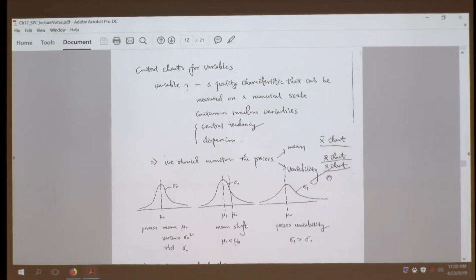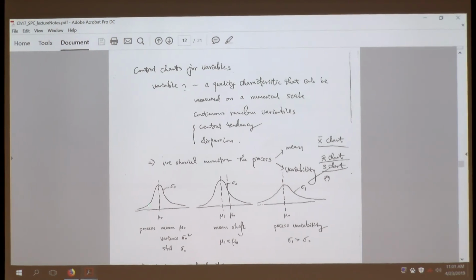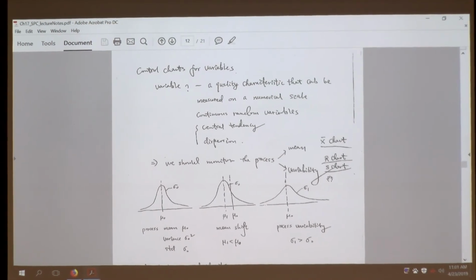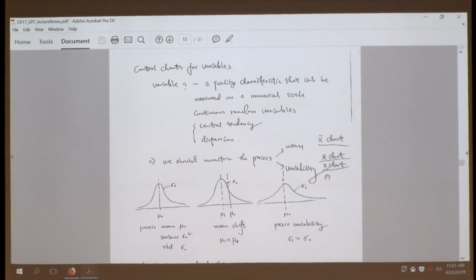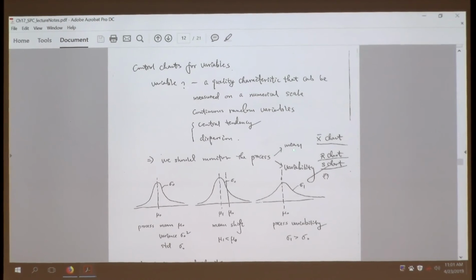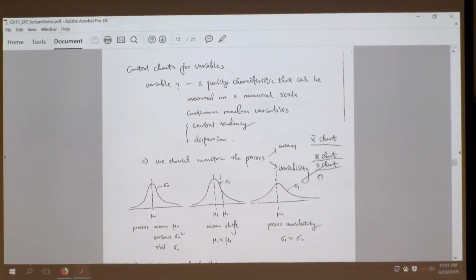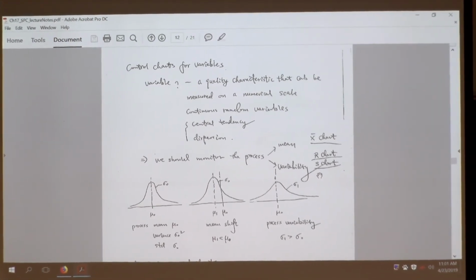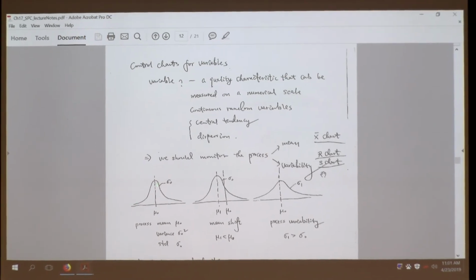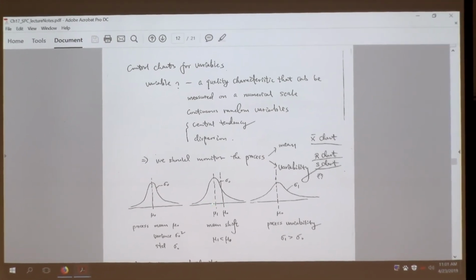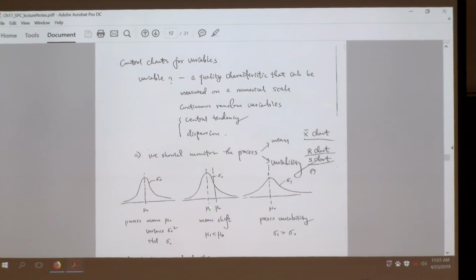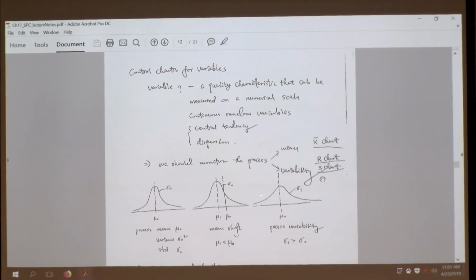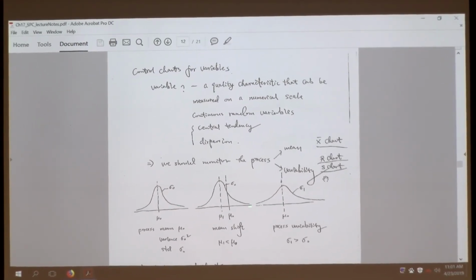If we assume this is normally distributed, then every time we randomly take samples out of this distribution, we should monitor the process mean and process variability. We want to see whether every sample is drawn from this distribution, or whether we have a mean shift from mu0 to mu1, or from sigma 0 to sigma 1.